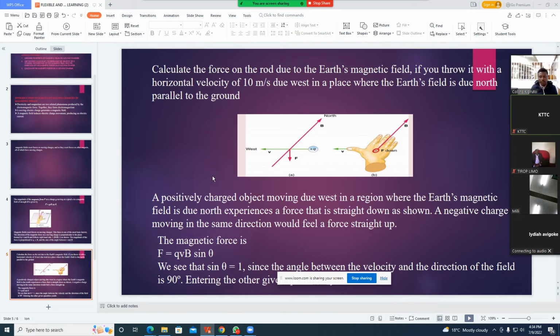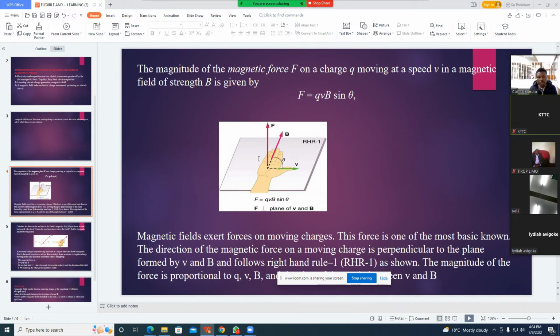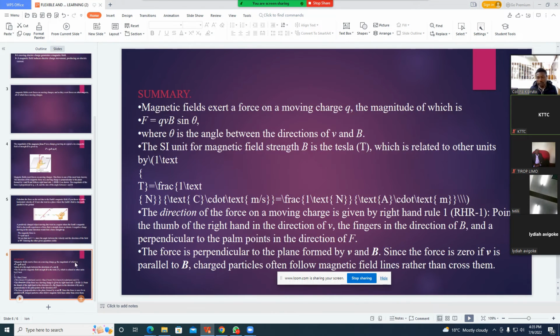So let's continue. The magnetic force is given by the formula F equals Q multiplied by V, where V is velocity, Q is the charge, and B, as we had said earlier, is the Earth's magnetic field.